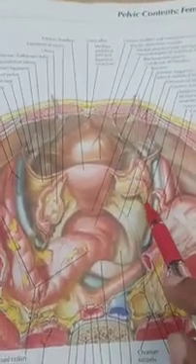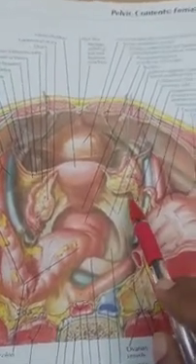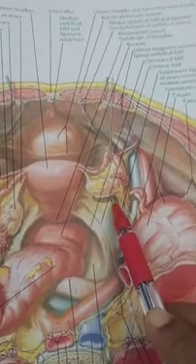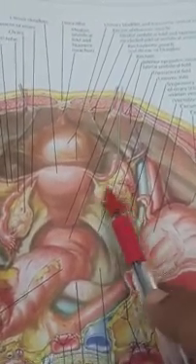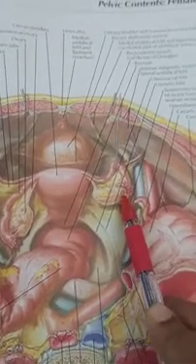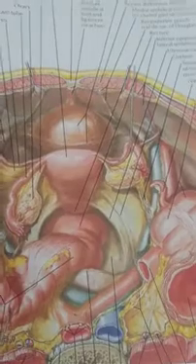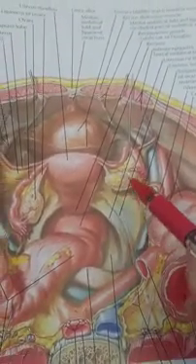Normally the position of the ovary will vary. In nulliparous women, that is women who have not given birth to children, we can see the ovary in the ovarian fossa. But in women who have given birth to children, that is multiparous women, the ovary cannot be seen in the ovarian fossa.